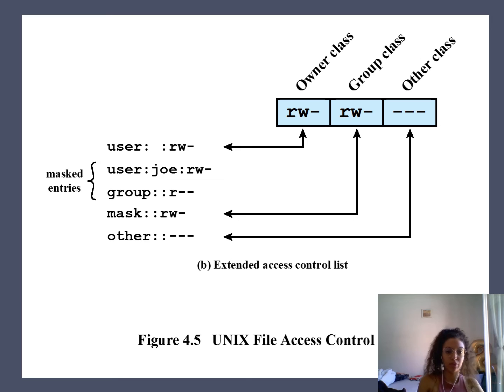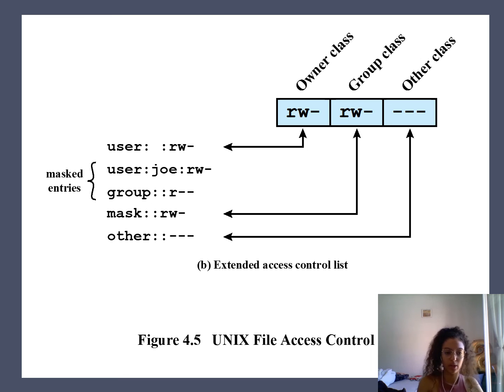Second, the group class entry specifies the permissions for the owner group for this file. These permissions represent the maximum permissions that can be assigned to named users or named groups other than the owning user. In this latter role, the group class entry functions as a mask.